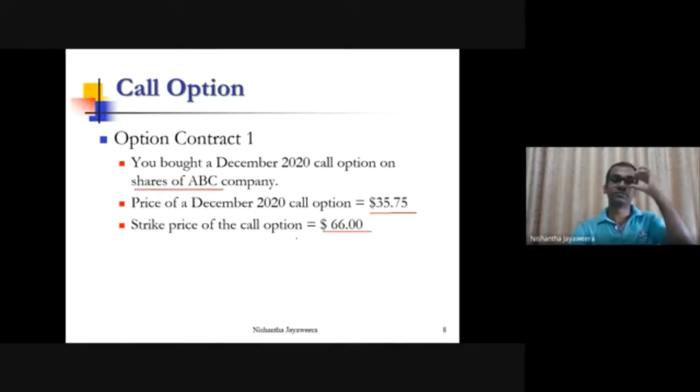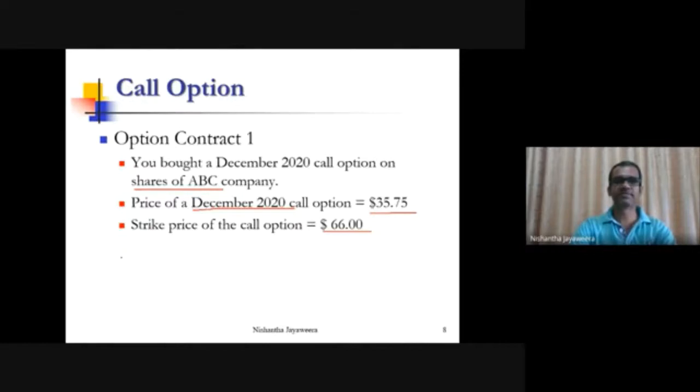Now assume this is a European option. December, so you definitely should buy this before December 2020, maybe September 2020 or somewhere before December.